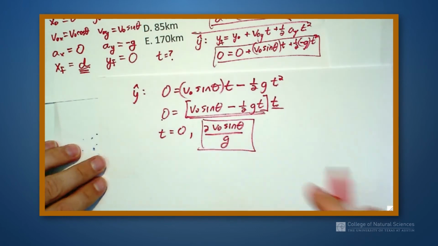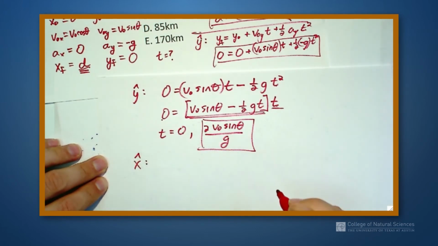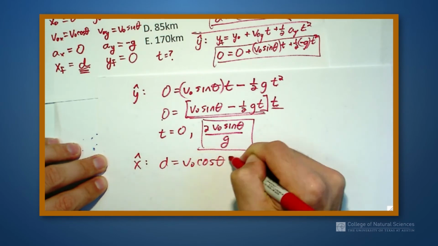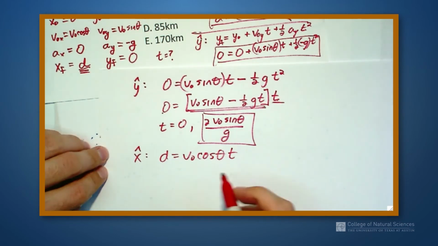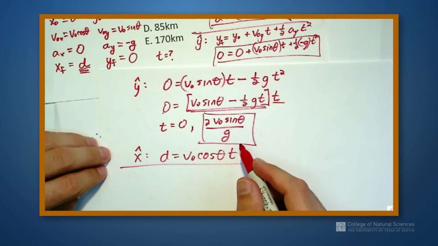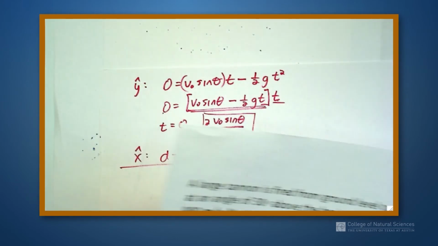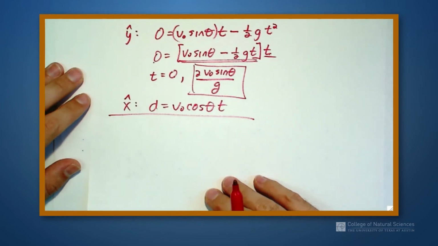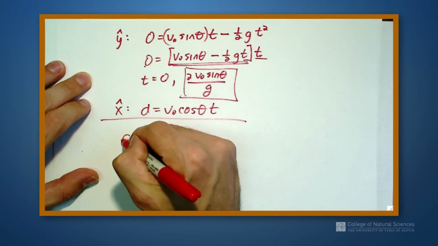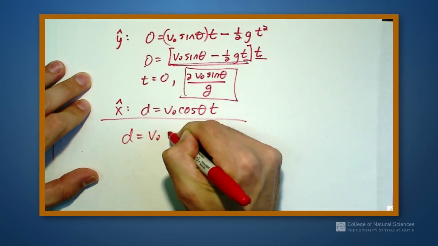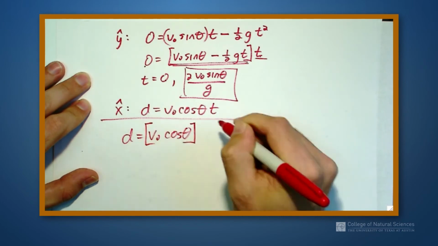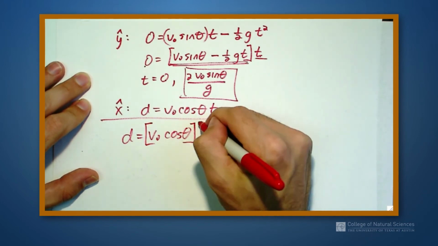So write down the x component one again. That was d is equal to v naught cosine of theta times t. So at this point, I'm going to combine these two equations together. So I'm going to just say d is equal to v naught cosine of theta, that was my original stuff, times my time.